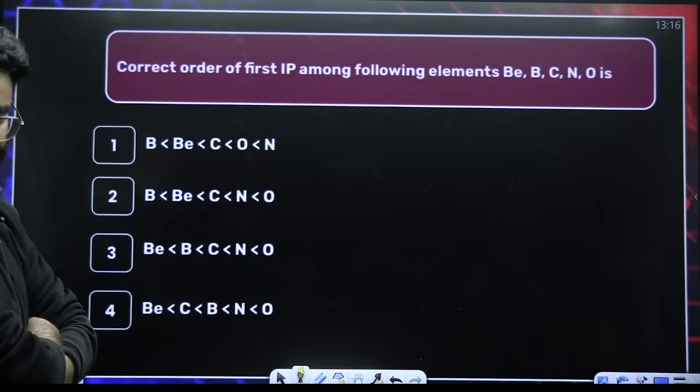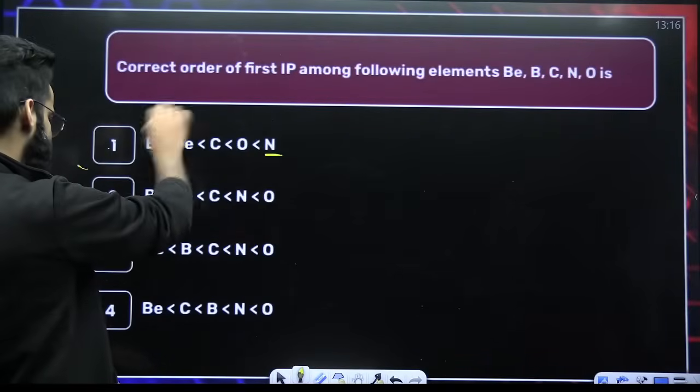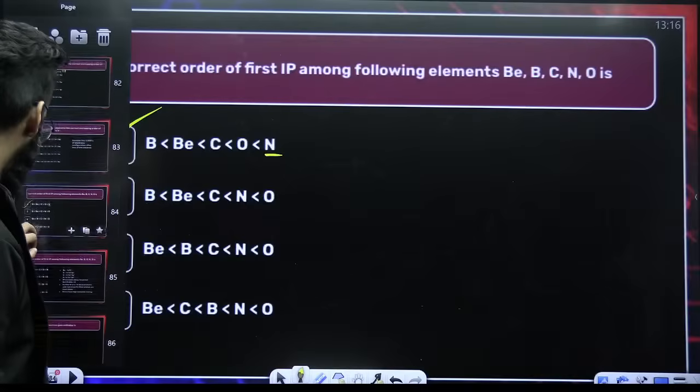Which one? Nitrogen, of course, will have the maximum, right? Half-filled configuration. That's the only option which says nitrogen has more.